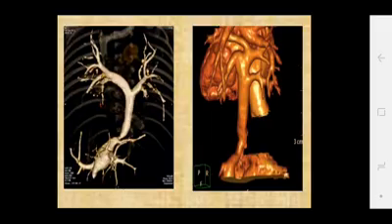Let's see, this is the infracardiac type. You can see in the left corner, our left side, what we call the pulmonary tree. This is the same anomaly, but in two different patients.